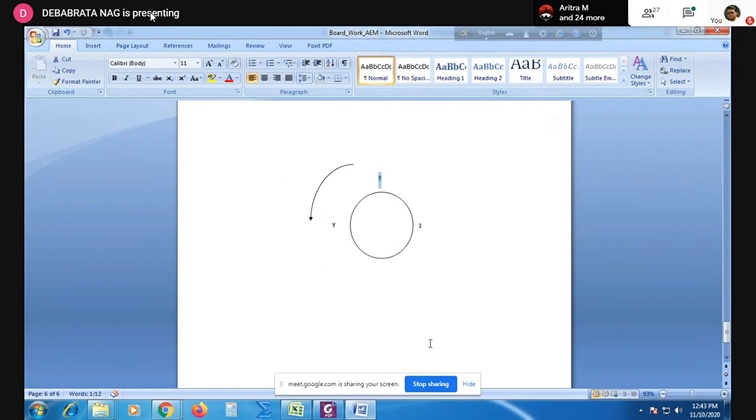So if y becomes your central axis, then what would happen? If y becomes your central axis, your left hand side becomes z and right hand side becomes x, right? Then what would my equations be? If the y-axis were my axis of rotation, then I should write the left hand side equation first.